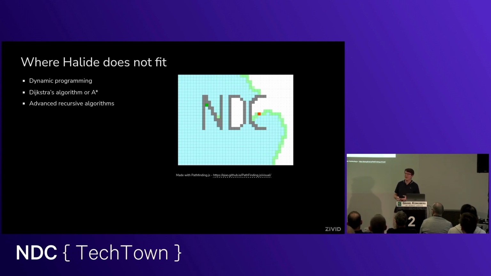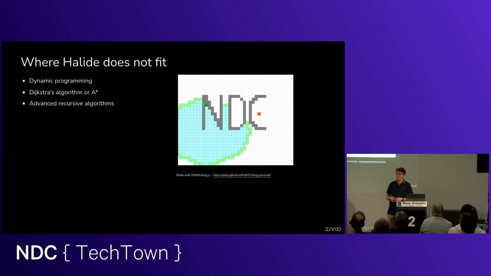And especially dynamic programming algorithms, think like Dijkstra or A-star, those are not the algorithms you want to run in Halide, even though you want to have all the vectorization and parallelism and running it on the GPU. And that's just because it doesn't fit into the paradigm of Halide.